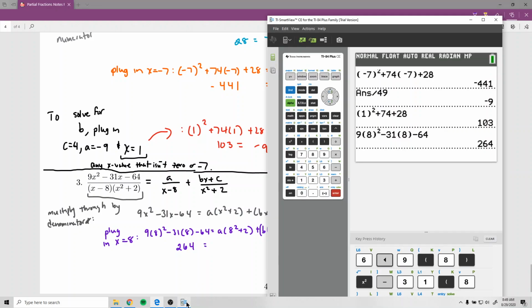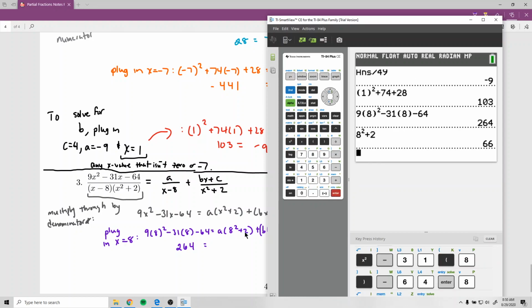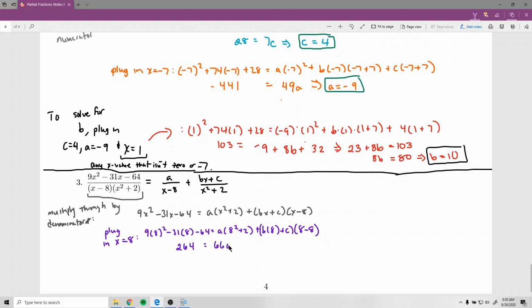And on the right, we got A times (8 squared plus 2), which is, if we had done that, 66. And then this is all 0, because it doesn't matter what B and C are, we're multiplying by 0.